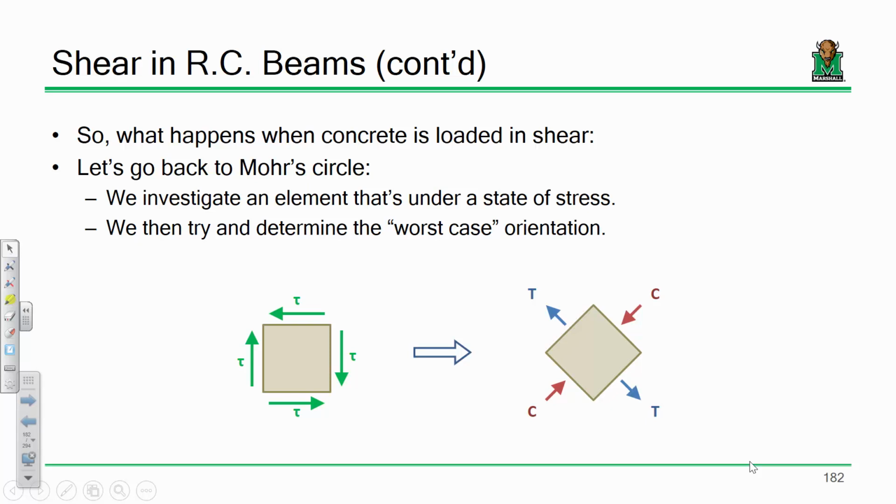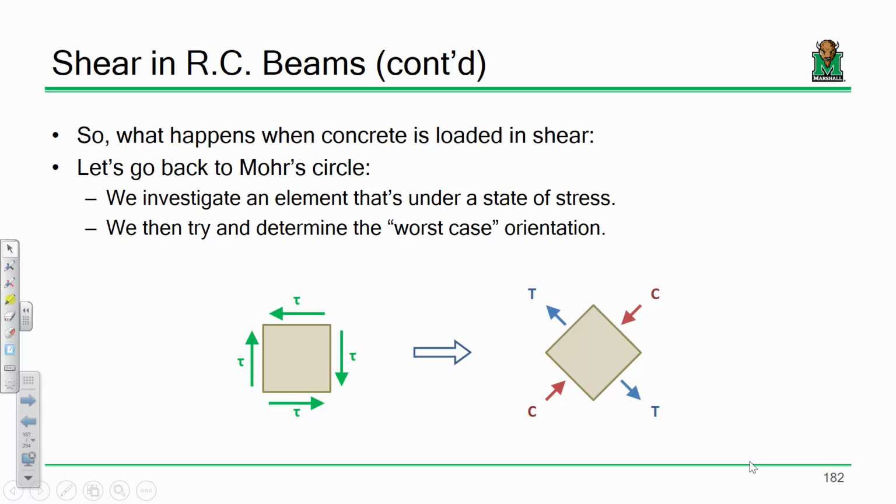But what if I don't have just an axial load? What if I'm pulling it and twisting it and bending it and shearing it and doing all these different things to it? One of the critical components of stress analysis is to figure out exactly that: what is that worst case orientation?